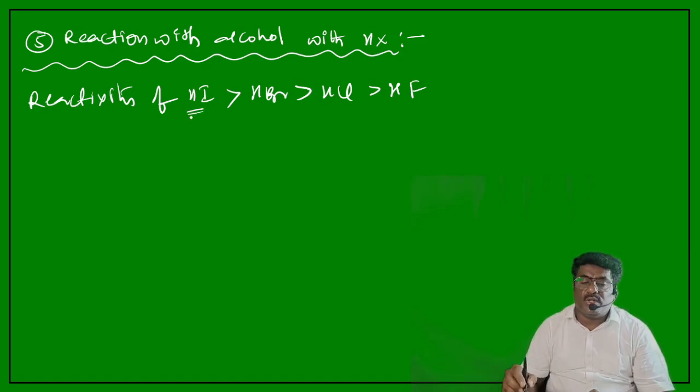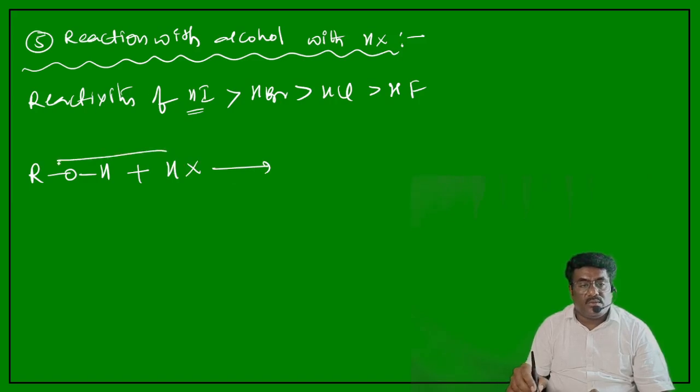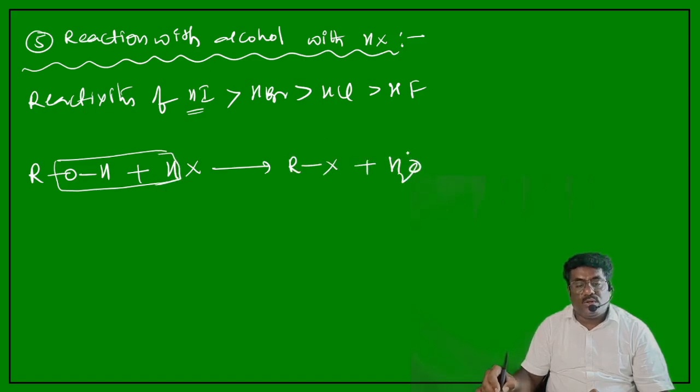Taking one example, ROH in presence of hydrogen halide HX gives what? Simply ROH2+, and it forms RX plus H2O.